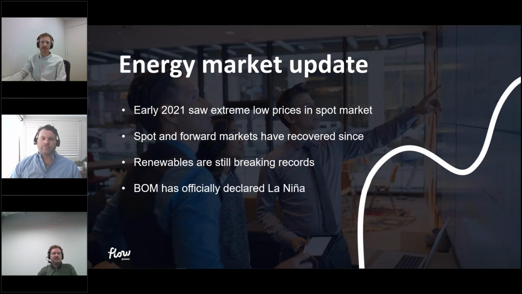But also that higher rainfall brings with it associated higher cloud cover, and that could also impact the amount of solar in the system over the summer as well. So it remains to be seen how it plays out. I don't think we'll get the summer that we last had, and clearly the market's not expecting that either.